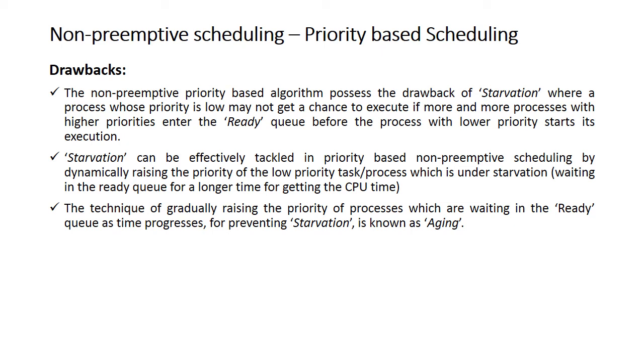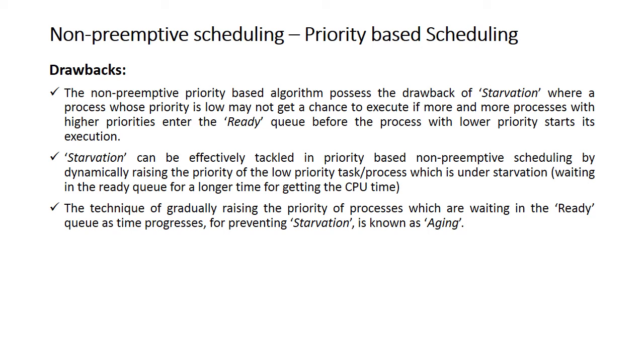Starvation can be effectively tackled in priority based non-preemptive scheduling by dynamically raising the priority of the low priority task or process which is under starvation. Starvation means waiting in the ready queue for a longer time for getting the CPU time.